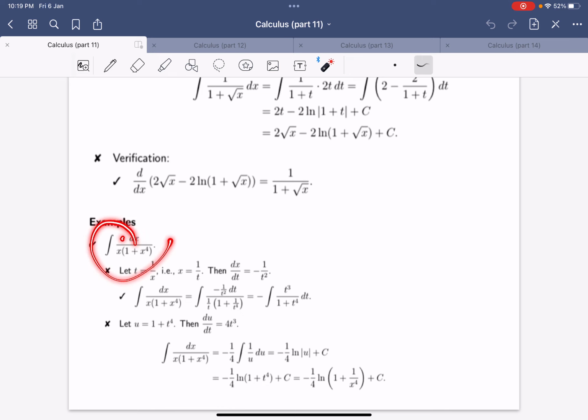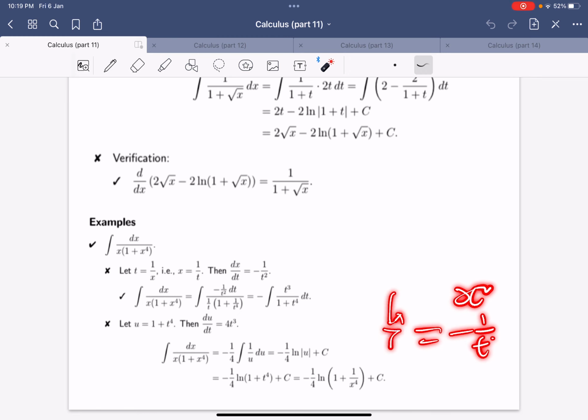So for example, you want to integrate 1 over x times 1 plus x to the power 4. Well, you can try out different substitutions and you'll arrive at the conclusion that this will be the most straightforward. And so you let t equal 1 over x. So dt dx will be minus 1 over x squared, which is just equal to minus t squared.